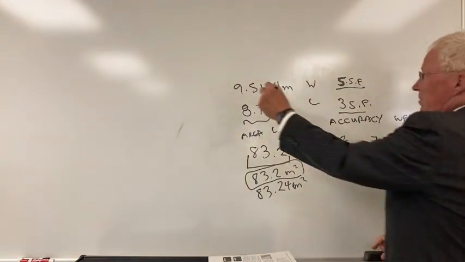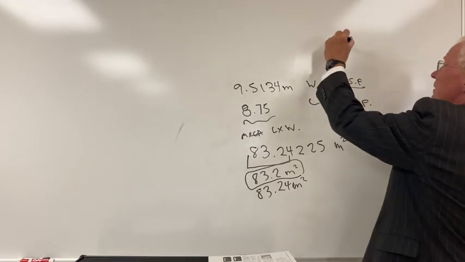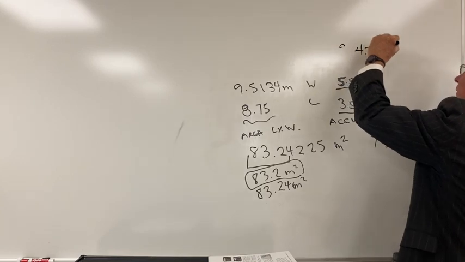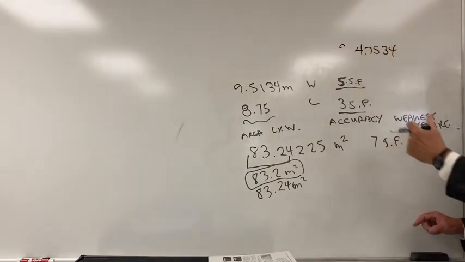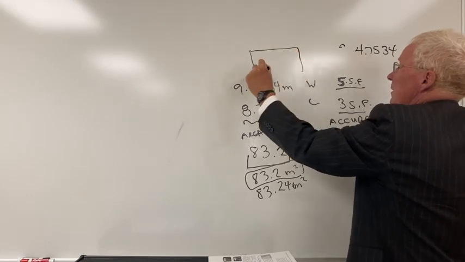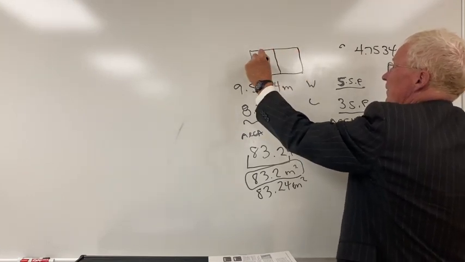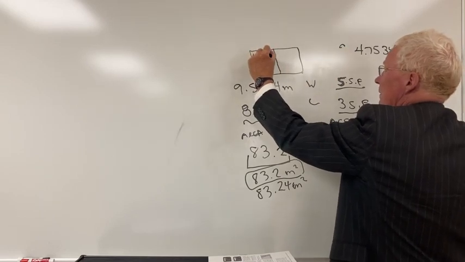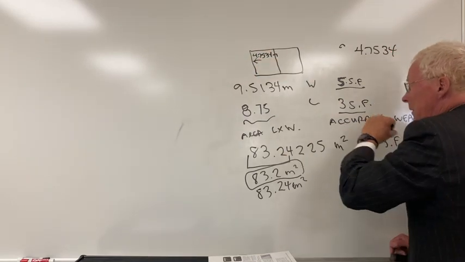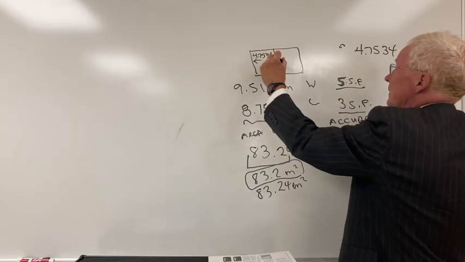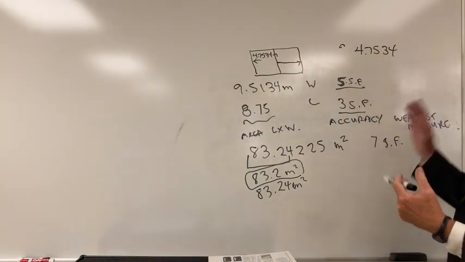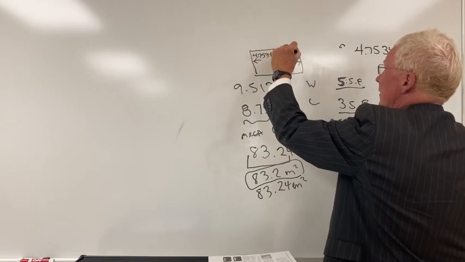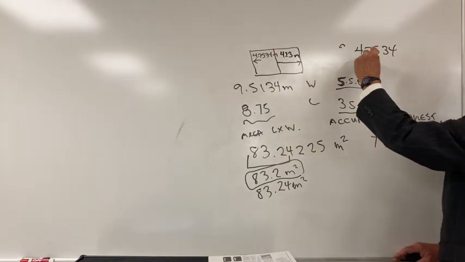So let's say I measure the width of the first half of the room with a laser and I get 4.7534, and the other half, just with a ruler, I get 4.73 meters.